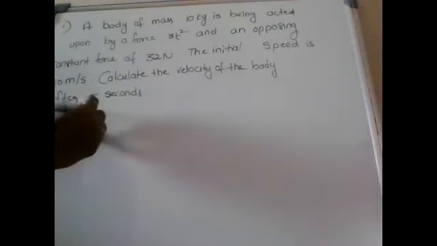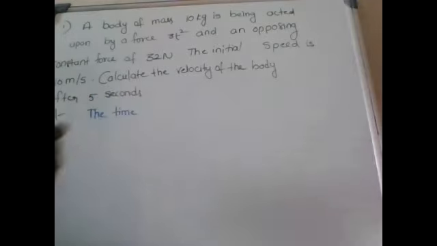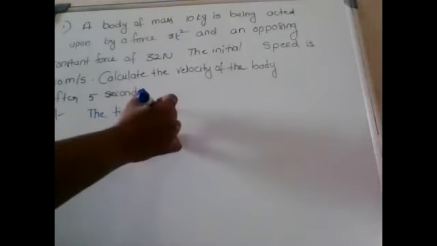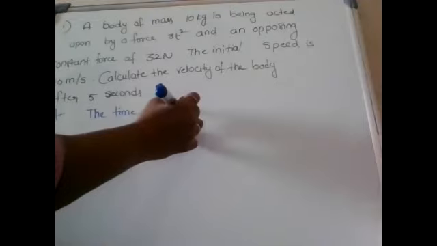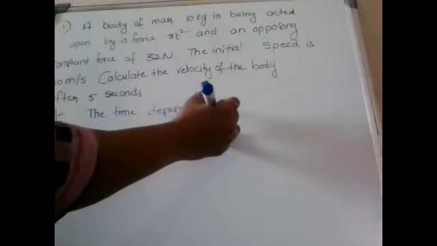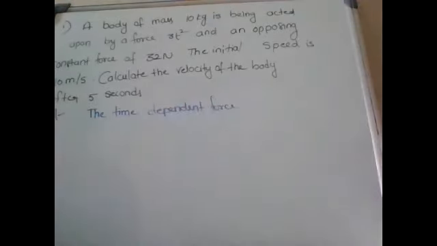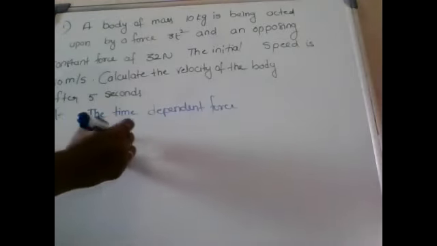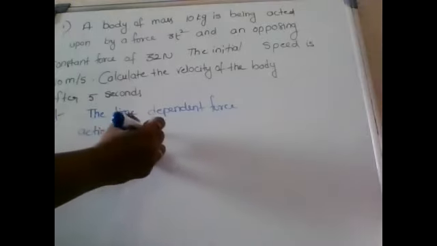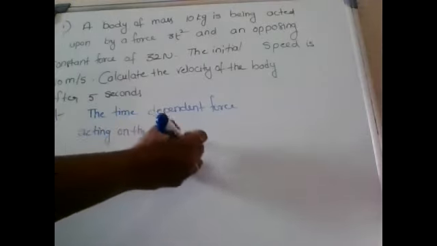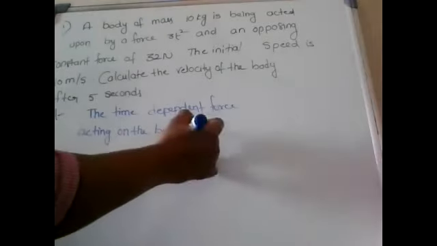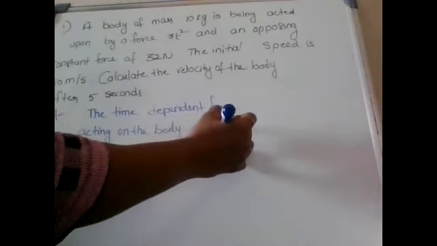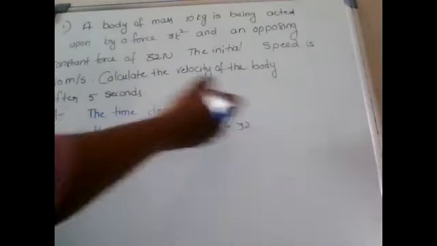In solution, the time dependent force acting on the body is equal to 3t square minus 32.